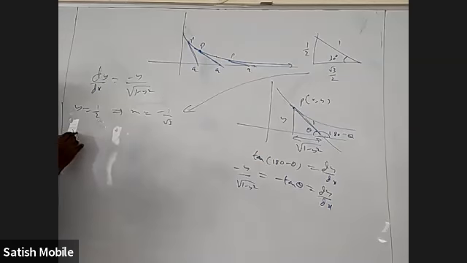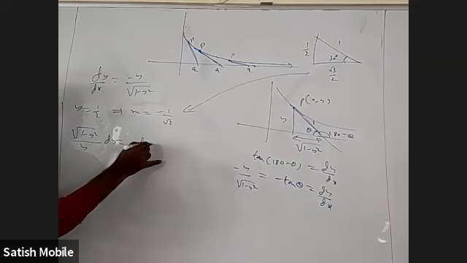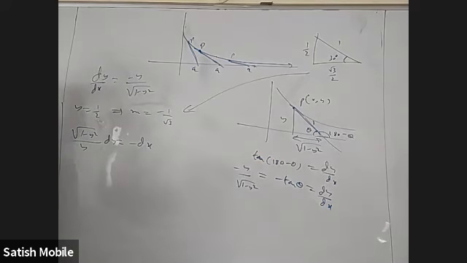Variable separable. All the y you can bring one side. Root over 1 minus y square by y dy is equal to minus dx. Anybody want to give an idea how to integrate this? Integral root 1 minus y square by y dy.